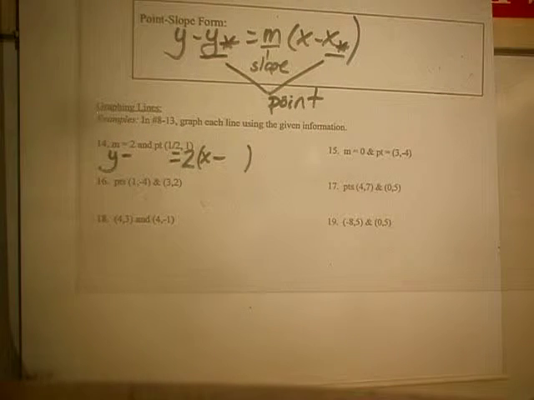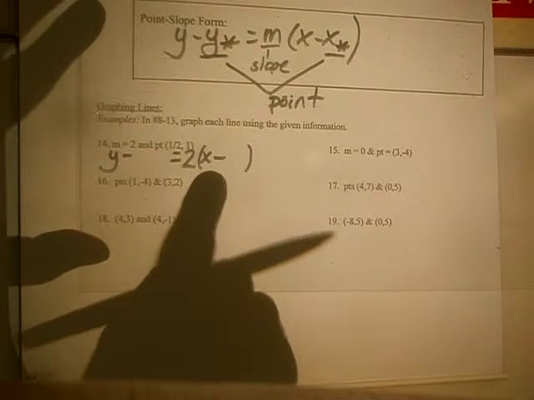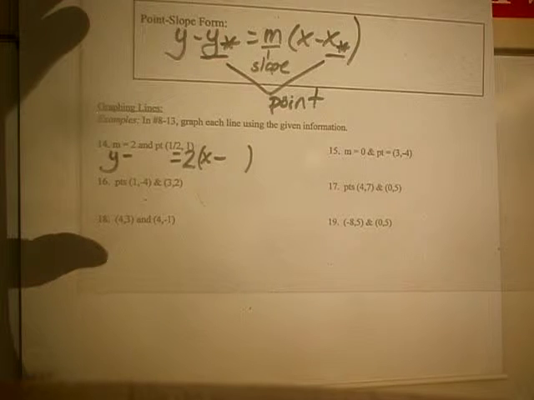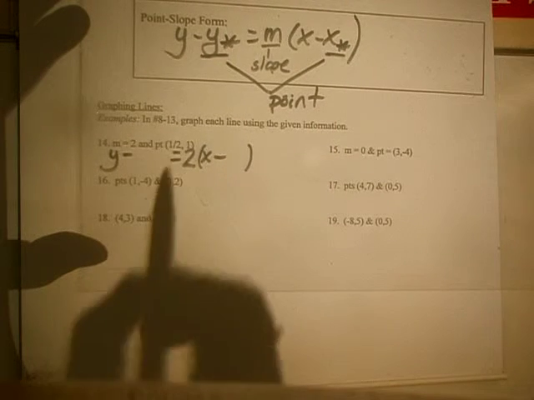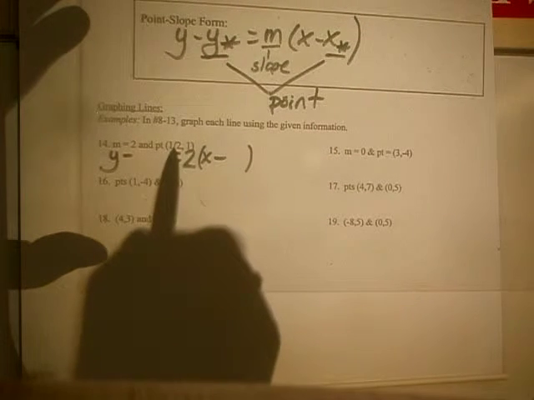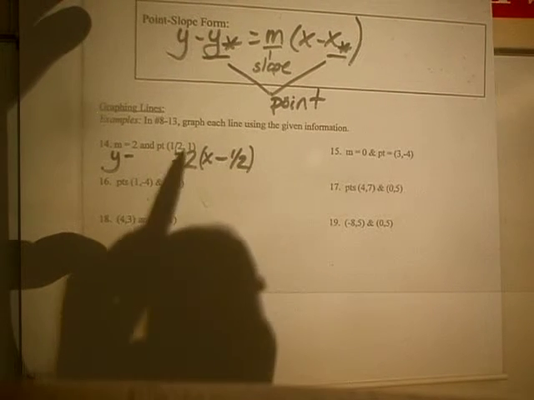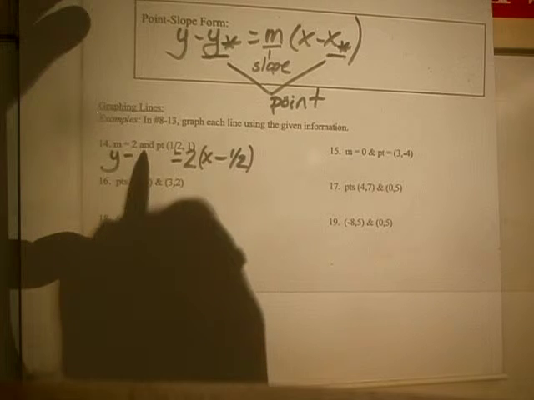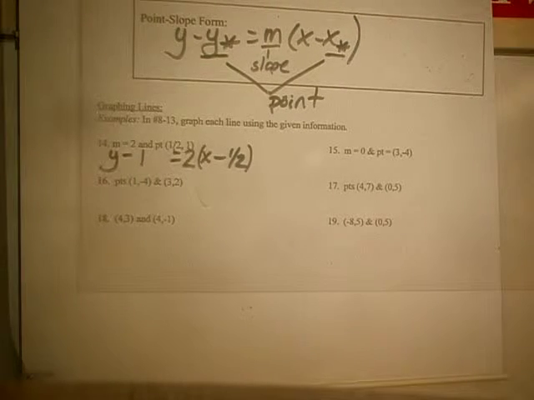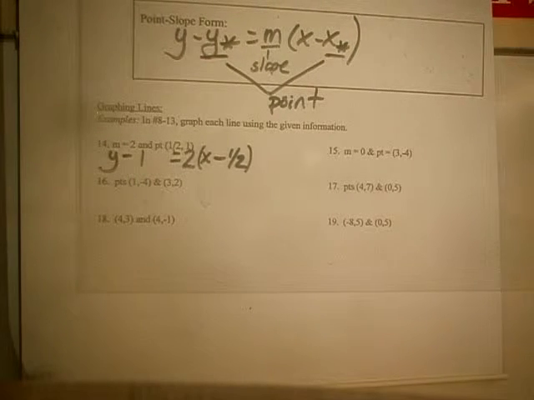That's the slope. And then whatever point they give us, we put the x over here by the x and the y over here by the y. So our x was a 1/2, it's going to go right there. Our y was a 1, so it's going to go right there. And that is the equation of your line.